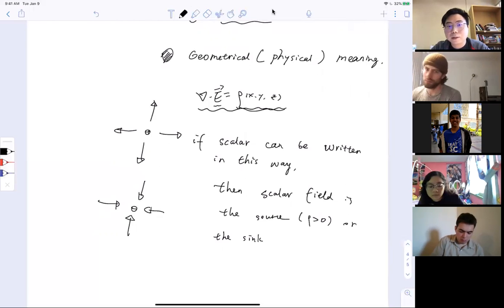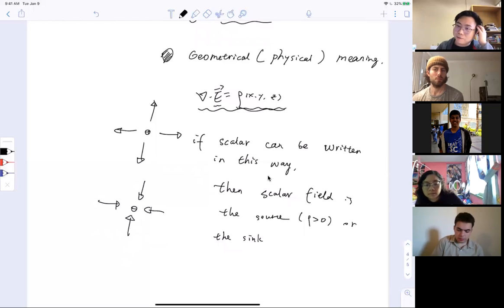Sir, for the previous term, is there a missing term? I guess it should be divided by epsilon zero, the constant. Right, I just ignore that. This really doesn't matter. I'm talking about some general pictures. Oh, okay, sure, thank you. Of course, in different units, for now we use international units, but in old E&M books, they use Gaussian units.